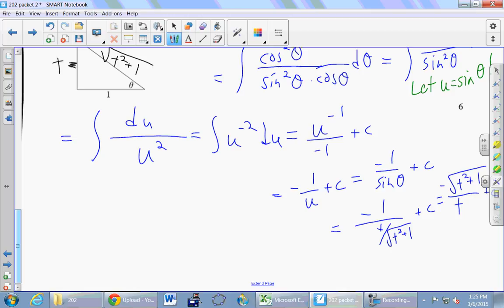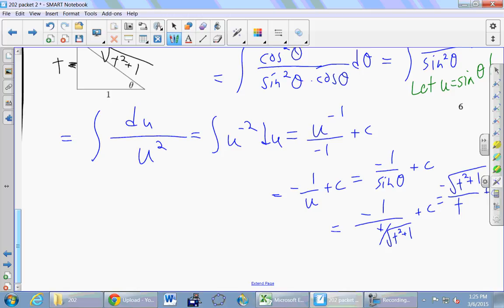And so it is correct to say negative 1 over sine of inverse tangent of t, but it's kind of awkward to deal with sine of inverse tan, and so this is the preferred way to finish the problem. They're both equal. If you graph them on your calculator, you get exactly the same graph. I think I would probably give full credit to sine of inverse tangent of t, but this is the preferred way, just because this is less awkward to deal with. Is that a question?